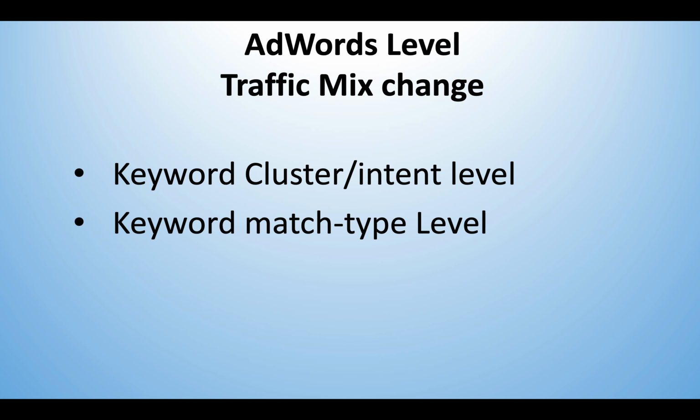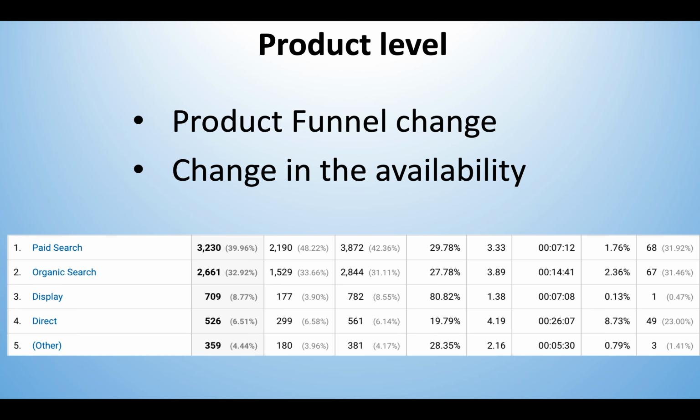So when you analyze at the keyword cluster or the ad group level, you will deduce whether this change in the CR and in turn the conversion is because of the traffic mix. Let's assume that you analyze this and you are not seeing any change. Okay, then we move on to the next level, the product level.